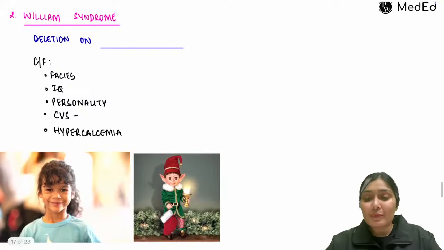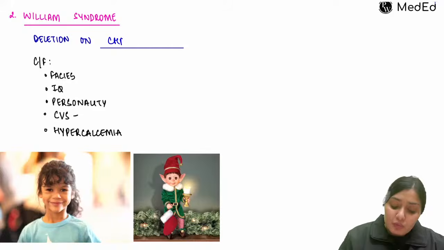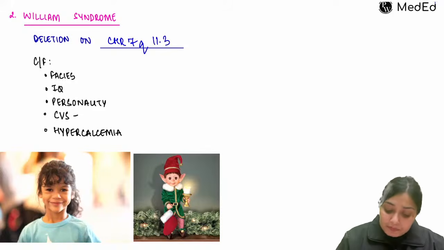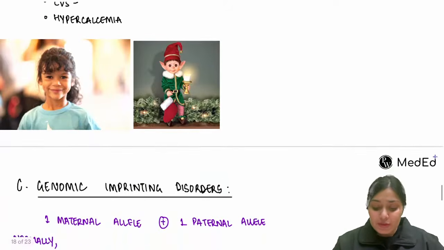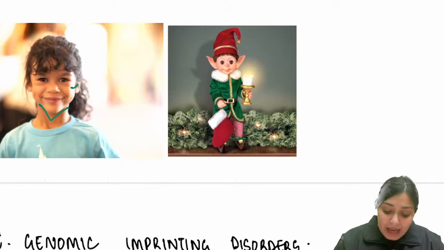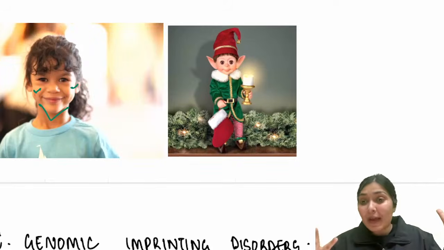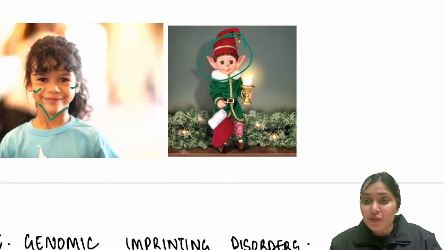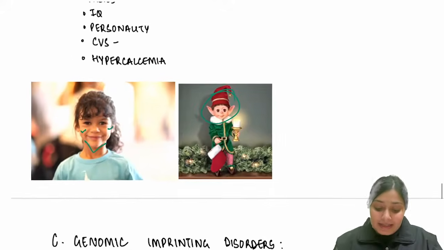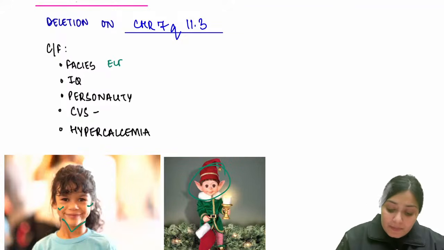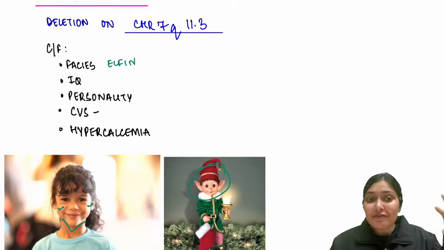Now let's move to Williams syndrome. In Williams syndrome, again, it is a microdeletion. The deletion is on the long arm of chromosome number 7. Here, what do you see? You see this type of face. Look at this child: triangular face, high arched cheekbones, a very smiling face. Looks like an elf, the helpers on Christmas. So these are the elfin faces. These children, look at how smiley and friendly the personality is.